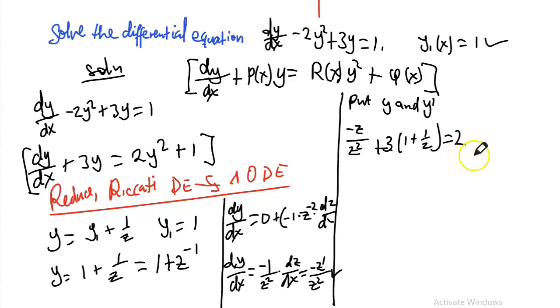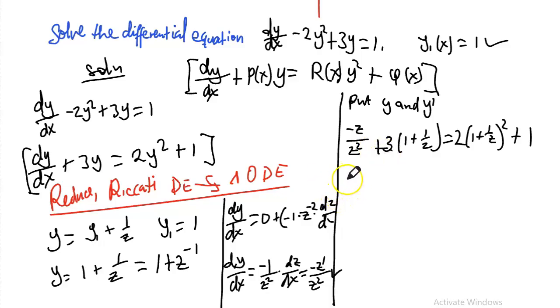So it is 2 and our y is 1 plus 1 over z squared. Then now go ahead and simplify this. Pay attention as you try to simplify this, because that is where drama will start.